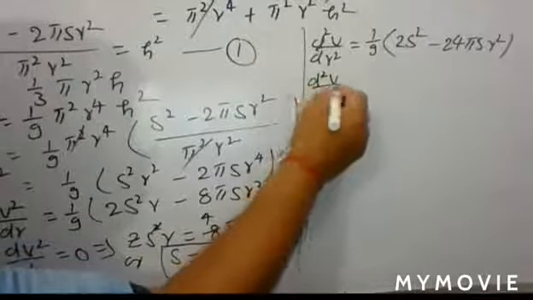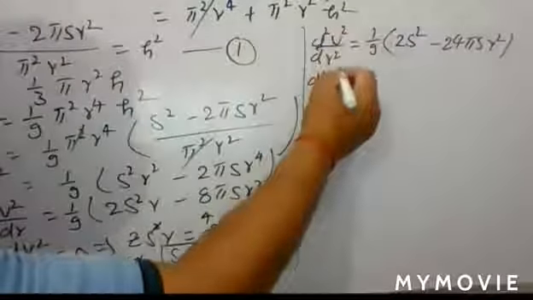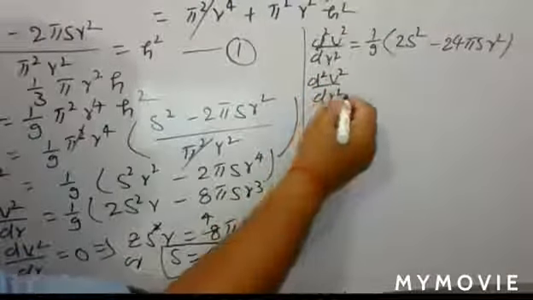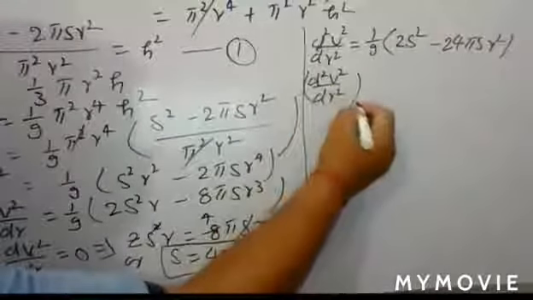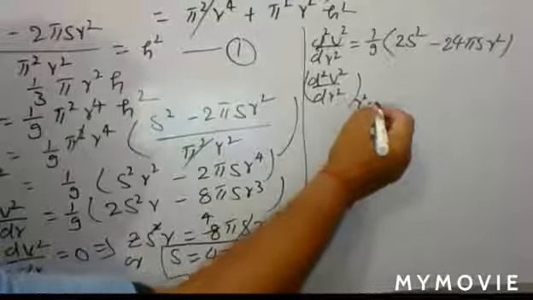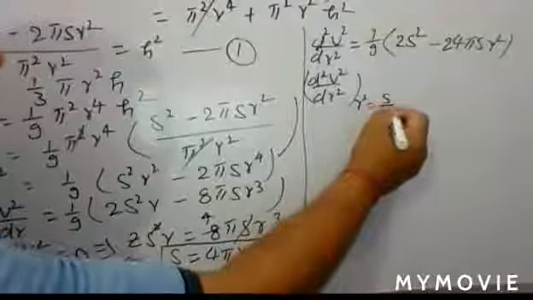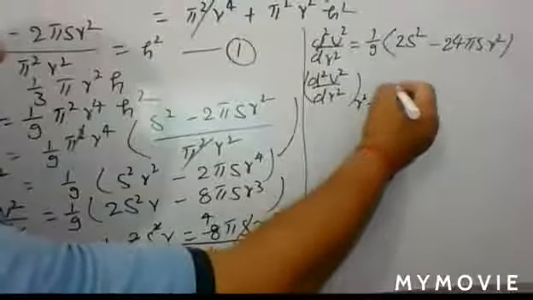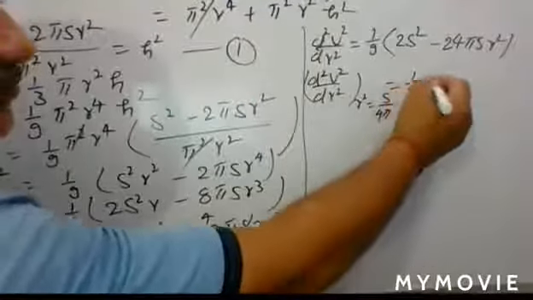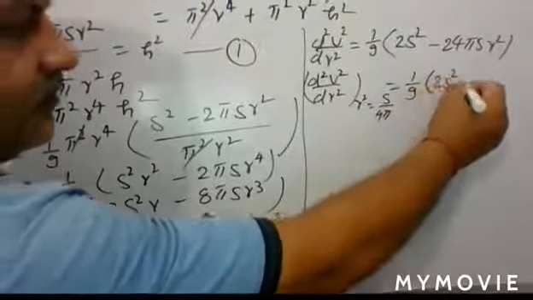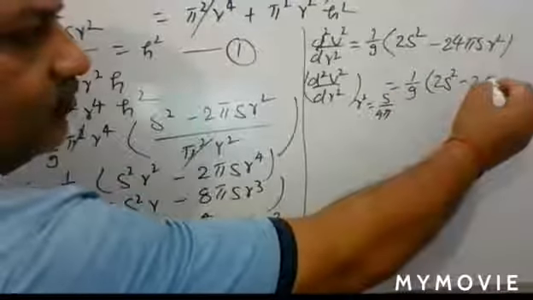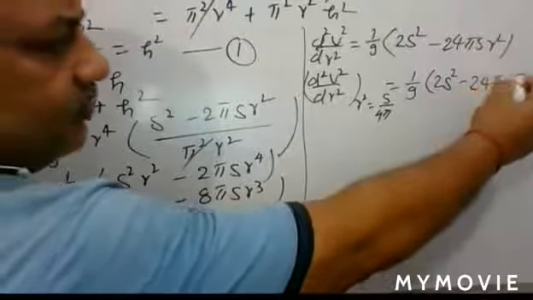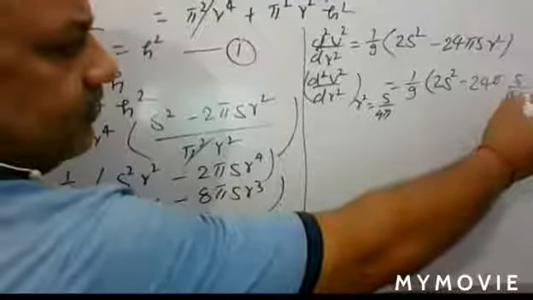So d2v square by dr2 at r square equal to s upon 4 pi. For that value, here you have 1 upon 9 into 2s square minus 24 pi into s upon 4 pi.